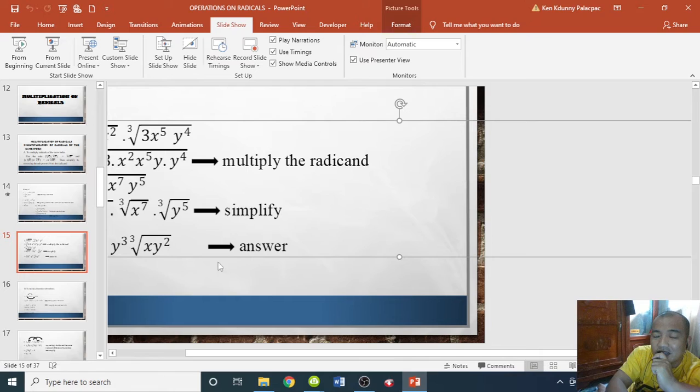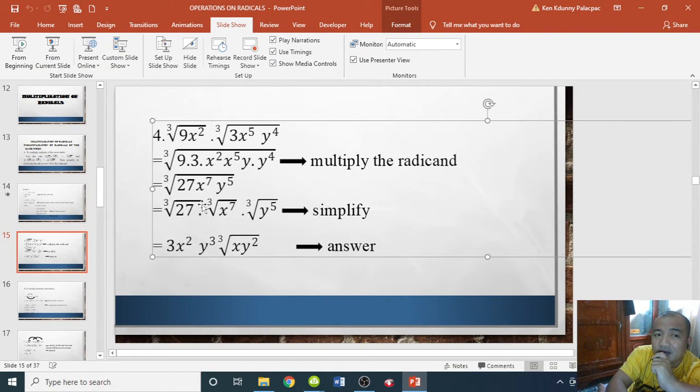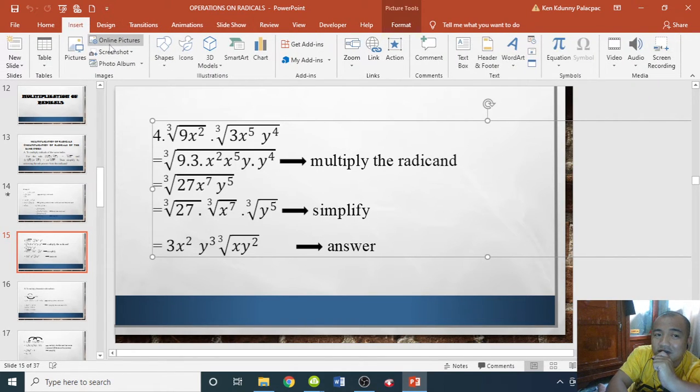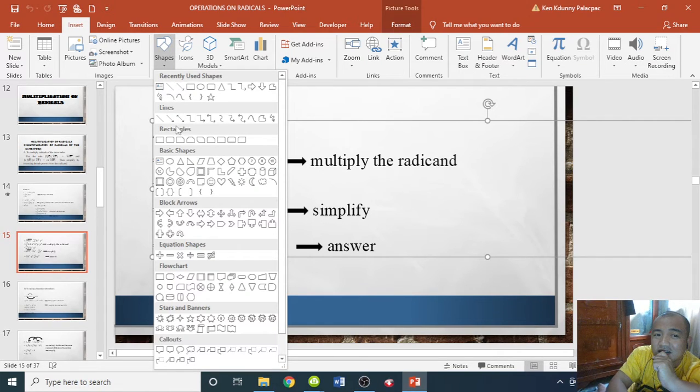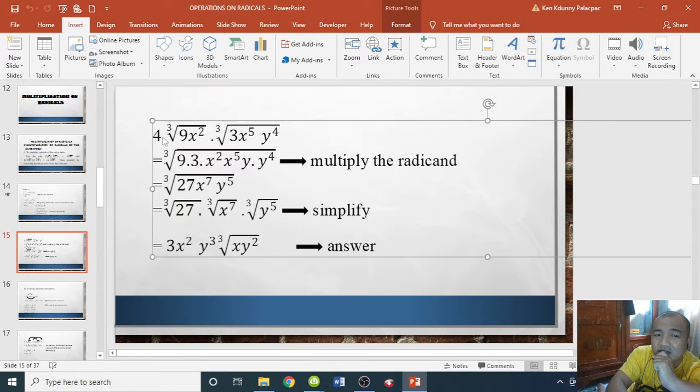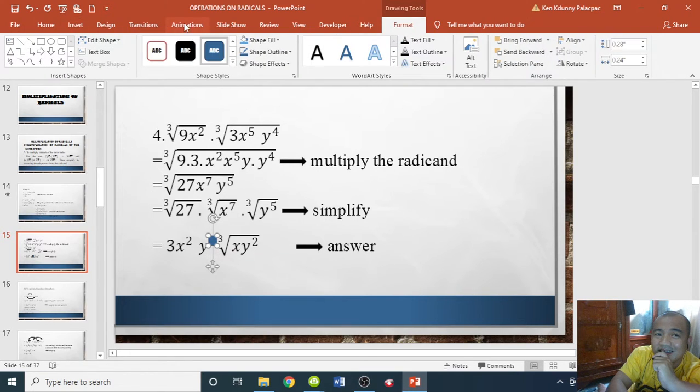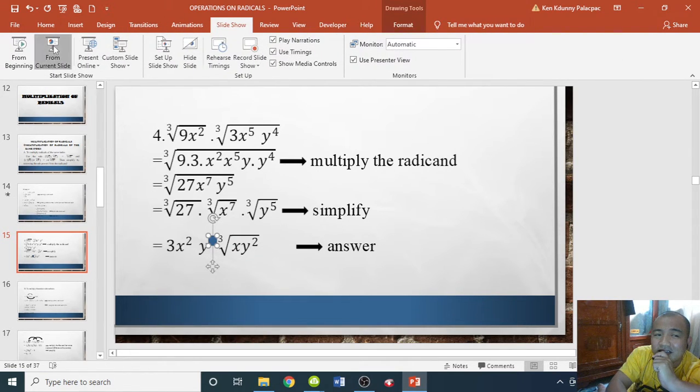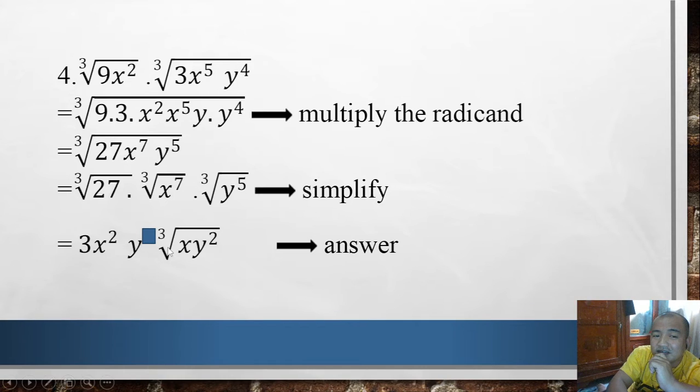Can we just edit this? Edit, insert. Sorry about that. Okay, shapes. So there is no cube anymore.